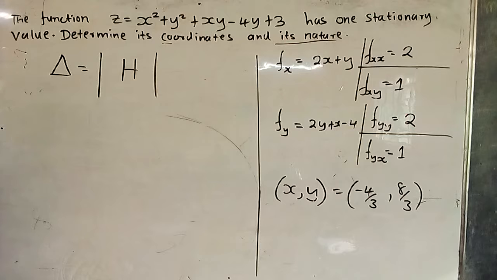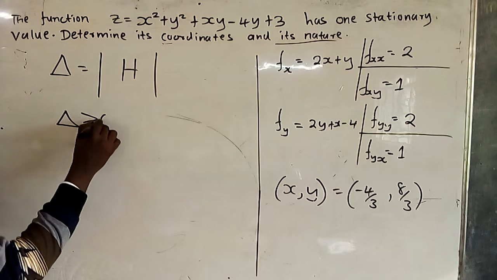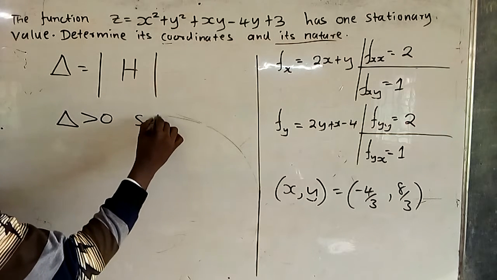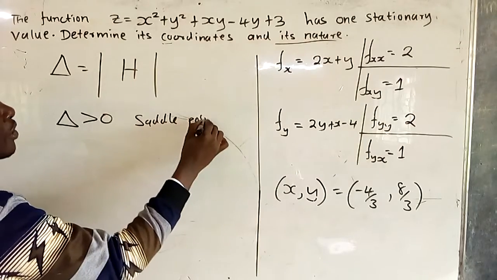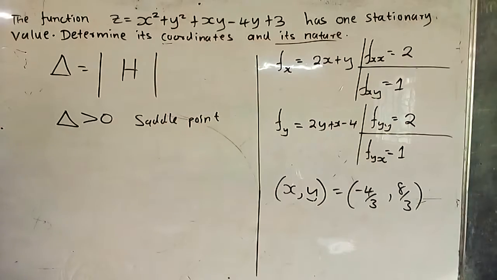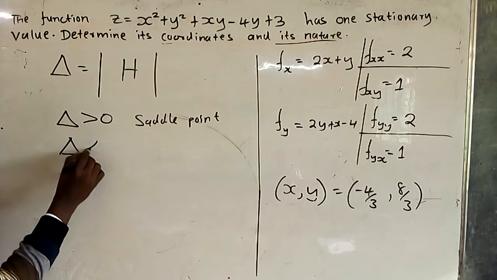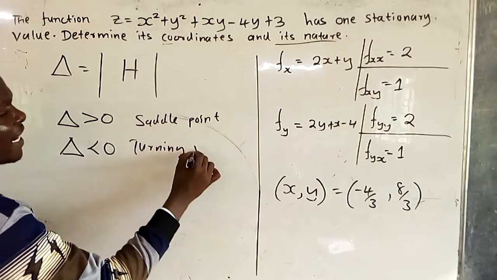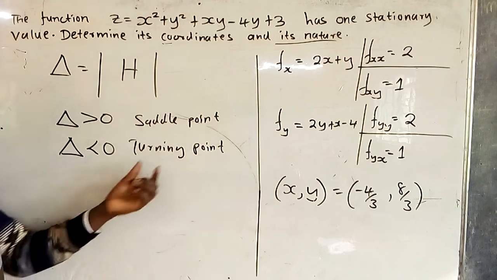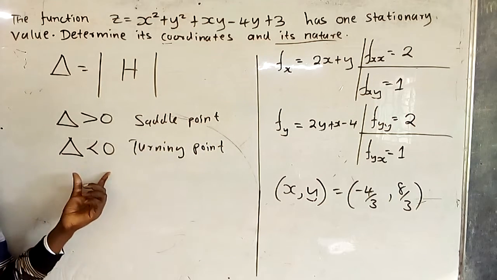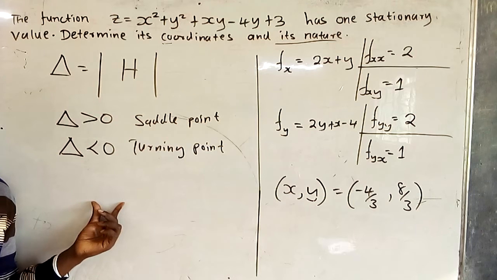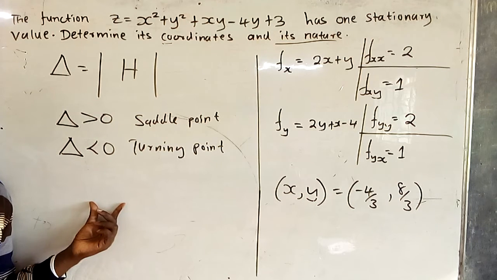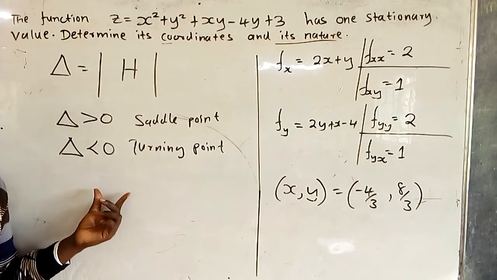Are we together? And if the discriminant is greater than 0, then the nature of that stationary point is a saddle, isn't it? Then if the discriminant is less than 0, then the nature of that stationary point is a turning point. So if it is a turning point, then we use the first principle to determine its nature, whether it is a maximum or minimum, isn't it?